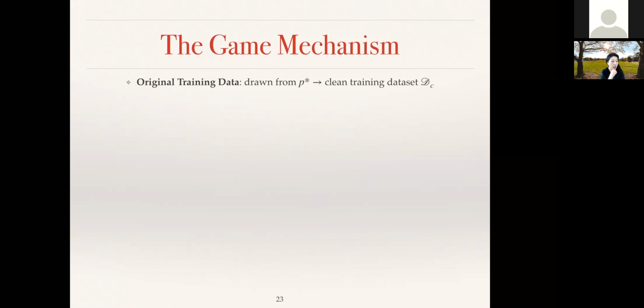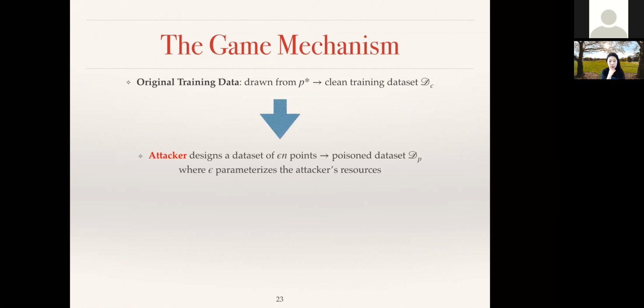The game works as the following. You have an original training data, drawn from some underlying distribution that's unknown, P star. Therefore you get a clean training data set DC. Now based on DC, the attacker is going to design a data set.